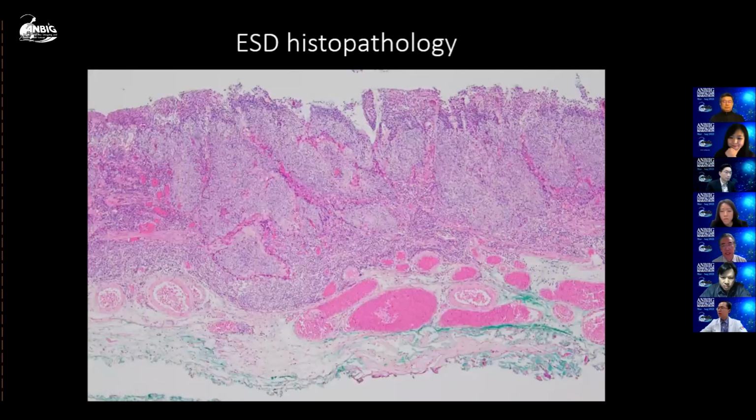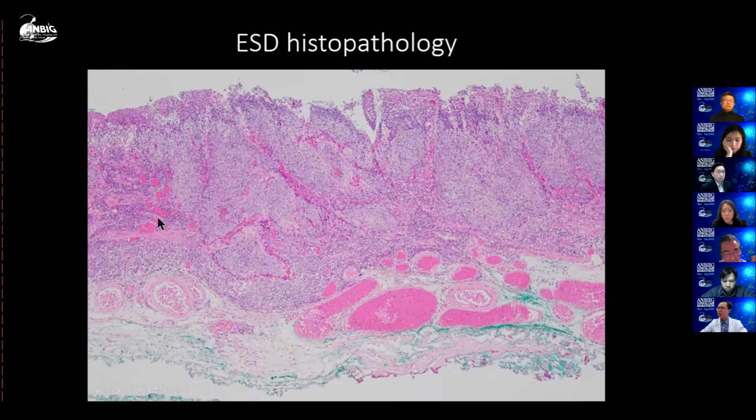Thank you so much. So in this case, the most important point is that B3 theoretically corresponds to SM2. But the B3 vessel originates from a branch vessel that is located at the level of the muscularis mucosae.